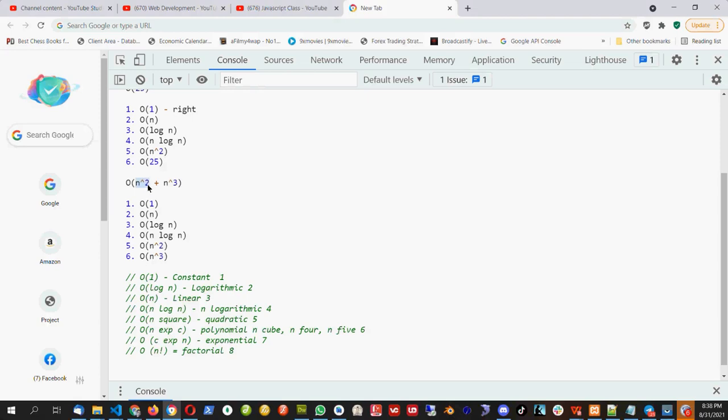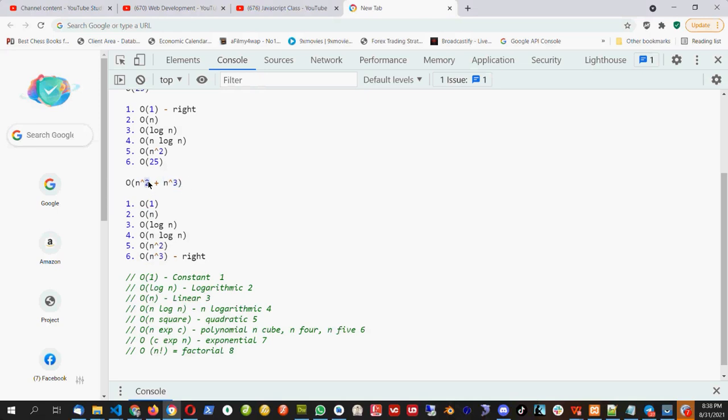So n square will be ignored because of this one. The right answer is the sixth option, O(n cube), because n square is lower complexity and n cube is higher complexity.